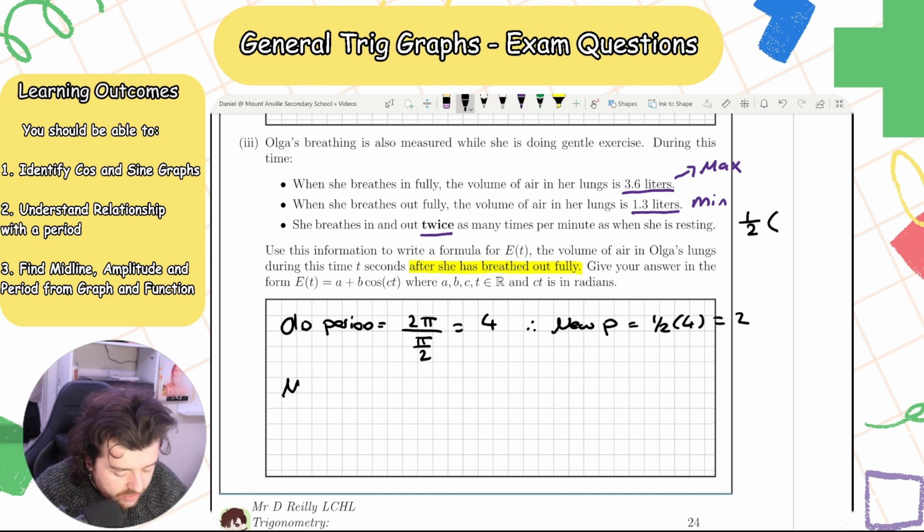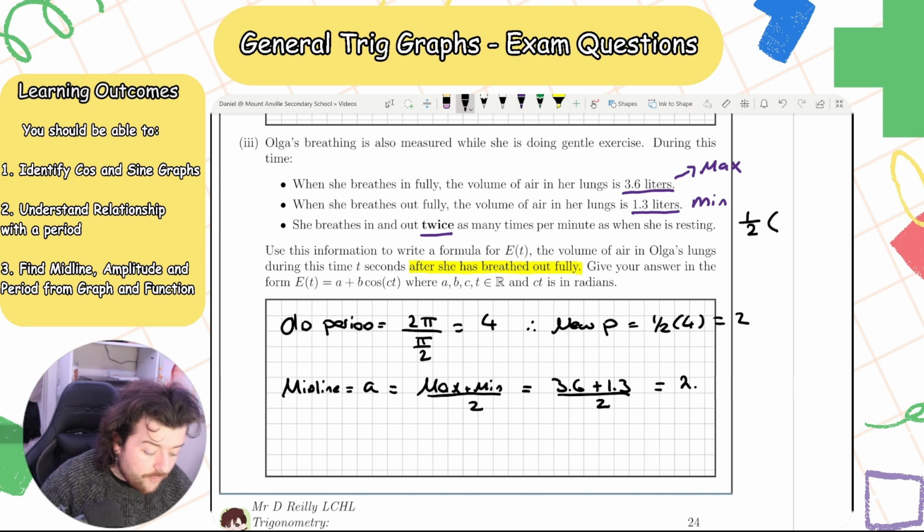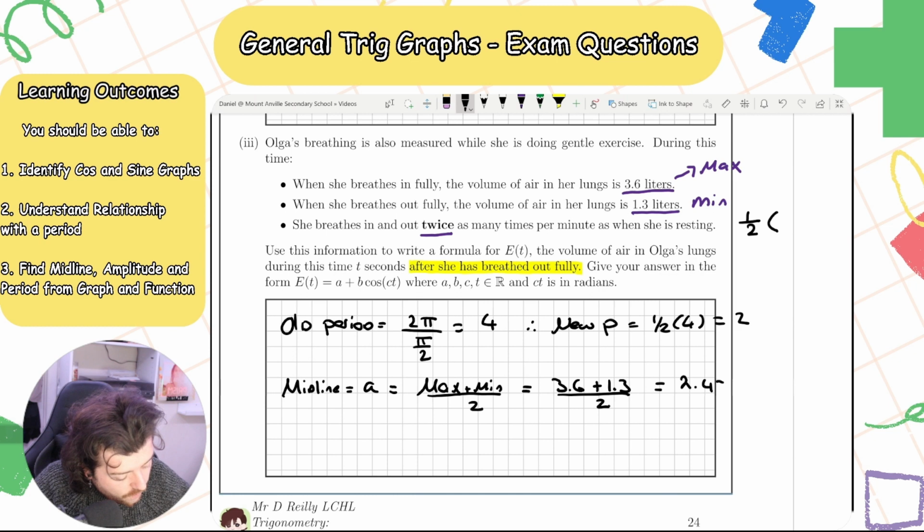So let's calculate a few things we need. Well, we need my midline. Midline is equal to the A. So midline is going to be my max plus min divided by 2, which is 3.6 plus 1.3 divided by 2, which is 2.45. And then my amplitude.